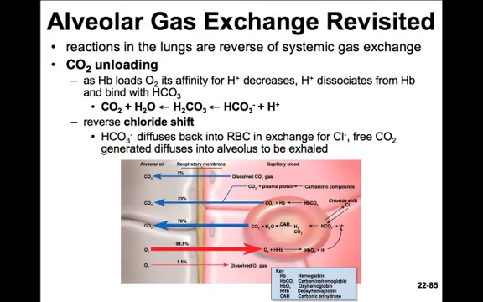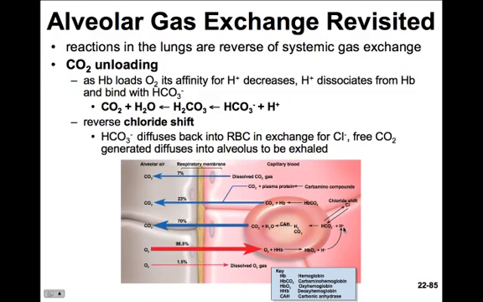Thus, hydrogen ions dissociate from the hemoglobin. Now they combine with bicarbonate and reform carbonic acid, which is then converted into carbon dioxide and water, and the carbon dioxide can diffuse down its gradient back into the alveolar air.